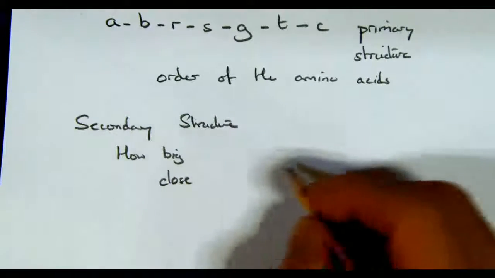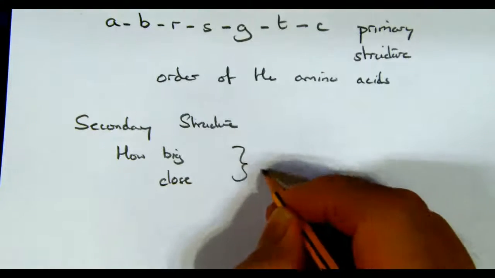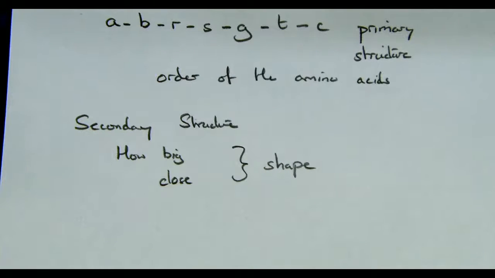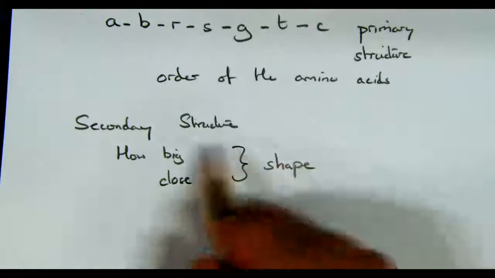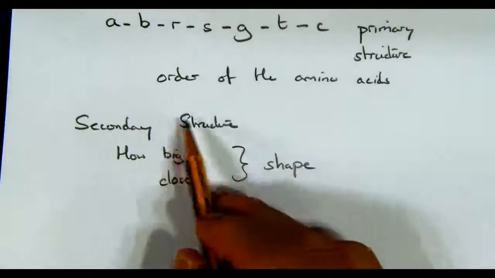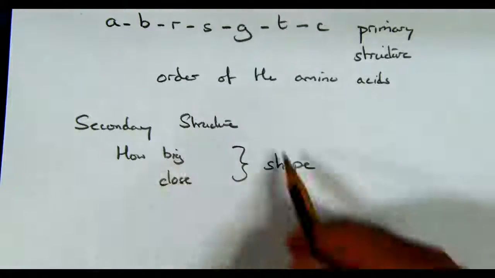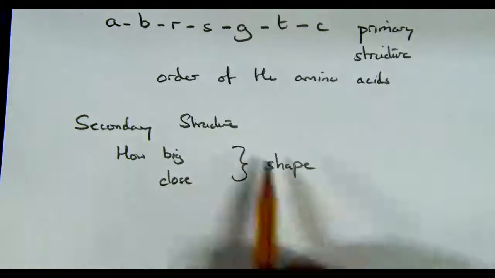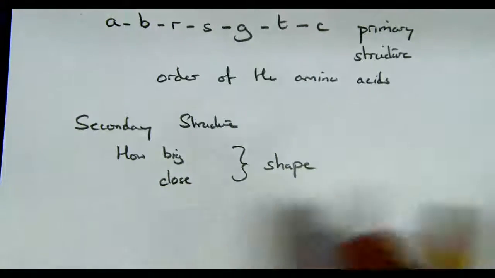And this determines the shape of the molecule. So now we've got an idea about how our amino acid sequence can modify the shape of the molecule.